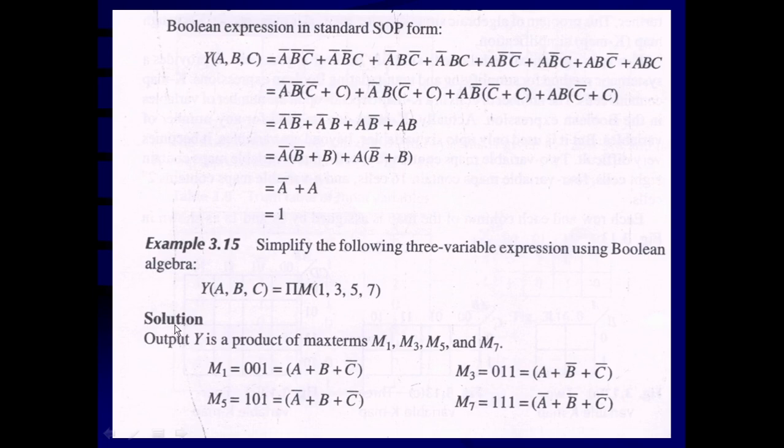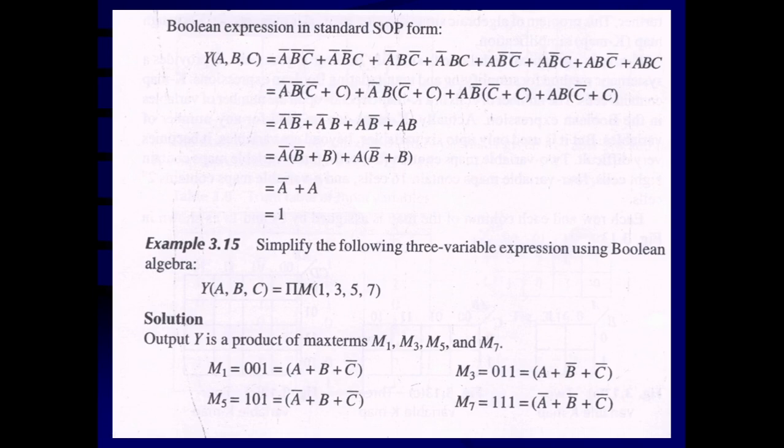Now the solutions. Output y is a product of the max terms M1, M3, M5 and M7. How to obtain M1? M1, for 1, corresponds to the binary equivalent 0, 0, 1. Now here we are going to get a fundamental sum, that means summation of the variables, and for each 0 the variable is going to be uncomplemented, and for 1 the variable is going to be complemented.